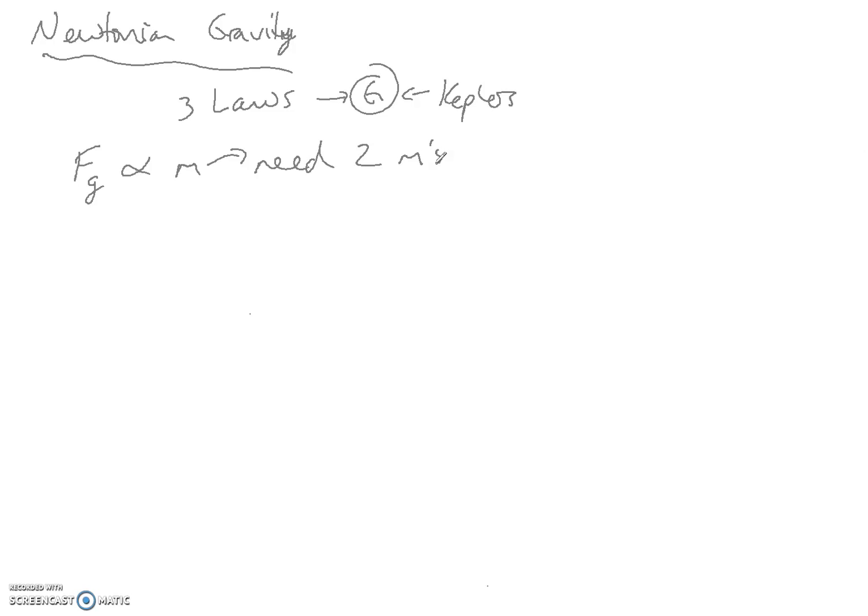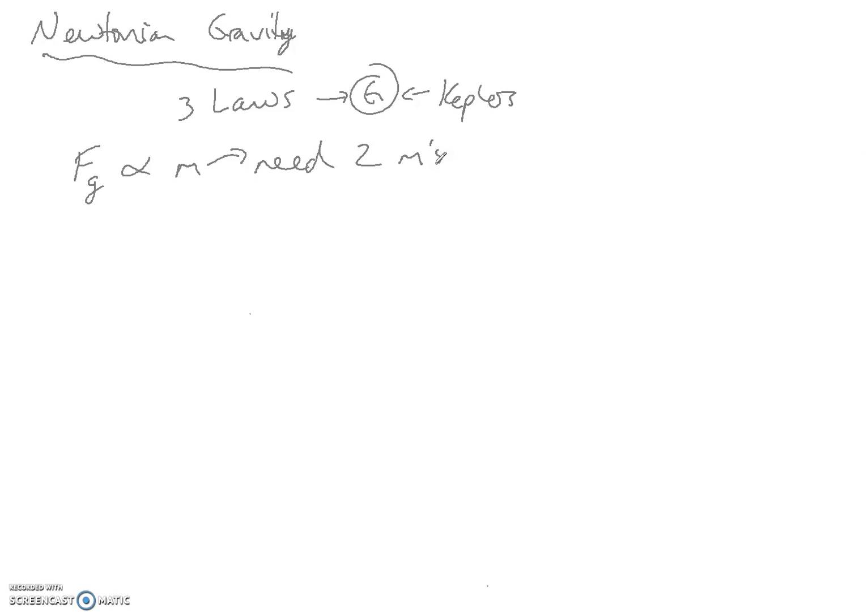You have to have a source of gravity and something else for it to act on. It's sort of like if you're floating in space all by yourself, you can't apply a force to anything because there's nothing for you to push on. So you need a big mass and a small mass, two small masses, two big, it doesn't make any difference, but you need two masses: one for the source of the gravity and one for the gravity to act on.